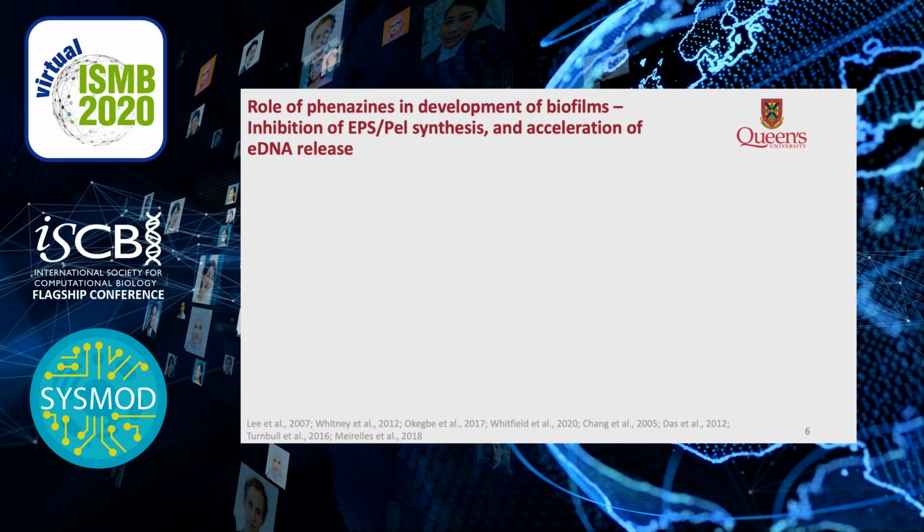We are interested in the role of pyocyanin in the development of two major components of biofilm of Pseudomonas aeruginosa. These components are PEL exopolysaccharide and extracellular DNA or eDNA.